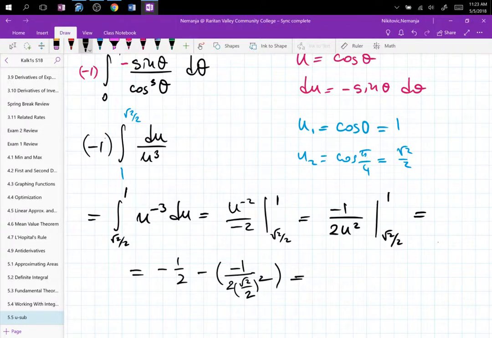A lot of stuff over here you can cancel, but let's just cancel these two. So -1/2 plus -1 over 2 root 2, that's it.